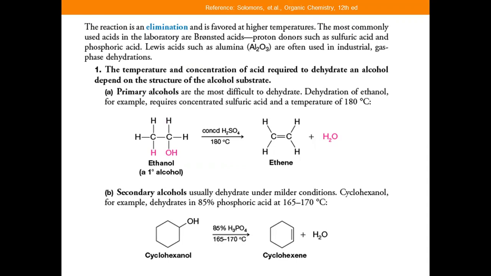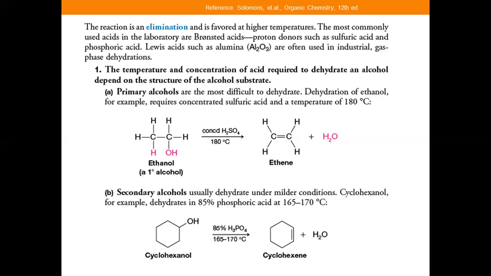The most commonly used acids in the laboratory are Bronsted acids. What are Bronsted acids? They are proton donors. Examples are sulfuric acid and phosphoric acid. We also have Lewis acids, like alumina, which are used in industrial gas phase dehydrations.